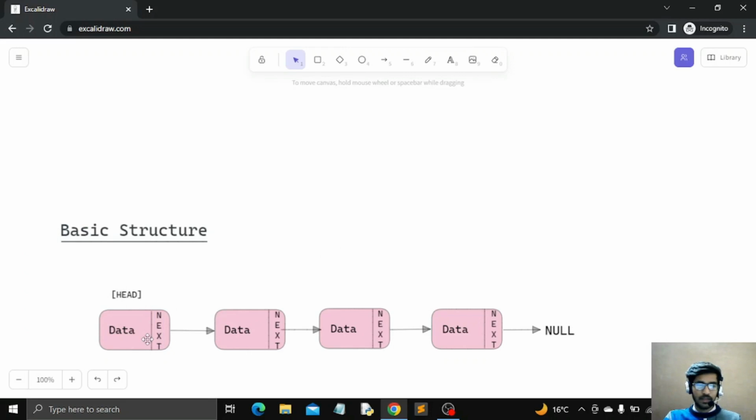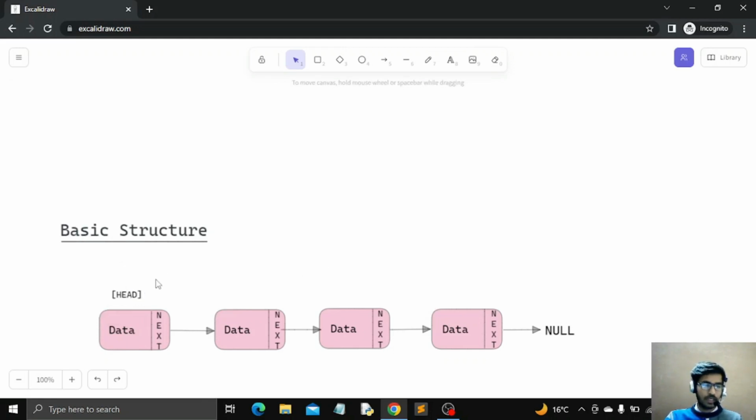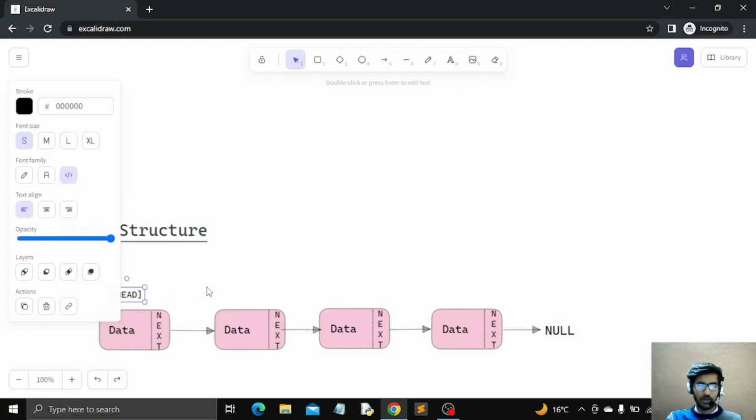And like this, when multiple nodes are connected together, it takes a linear form, and hence it is named as linked list. Also, the first node of the linked list is named as the head node. So whenever we need to traverse through a particular linked list, we use the address of the first node, also known as the head node.